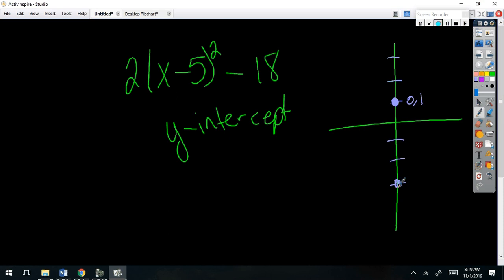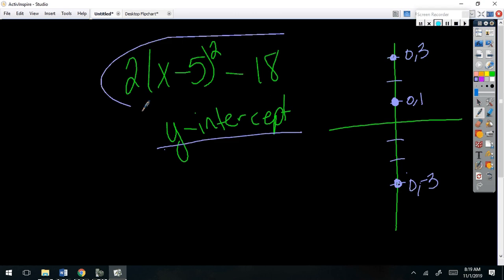What's the coordinates of this point? 0, -3. What's the coordinates of this point? What happens every time you cross the y-axis? The x is 0. Right? We all see that. So if you don't know the y-intercept because it's in a different form and I need to find it, a good way to do that is to let x equal 0 and solve from there.